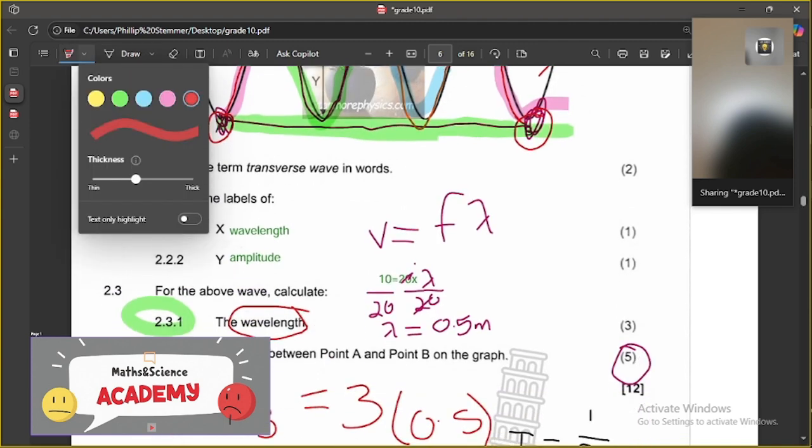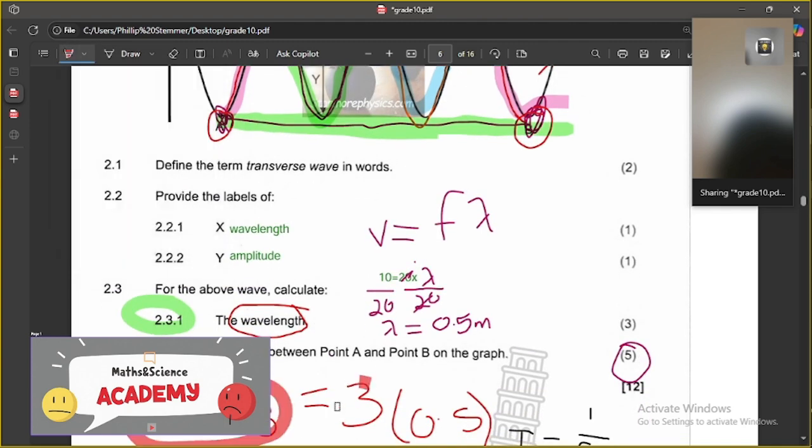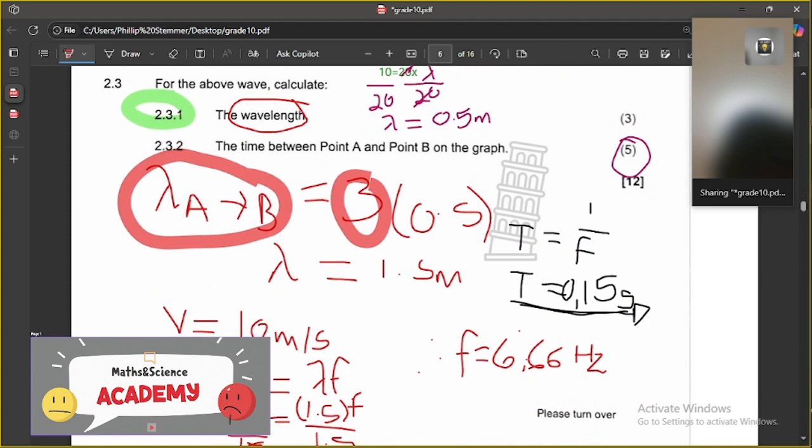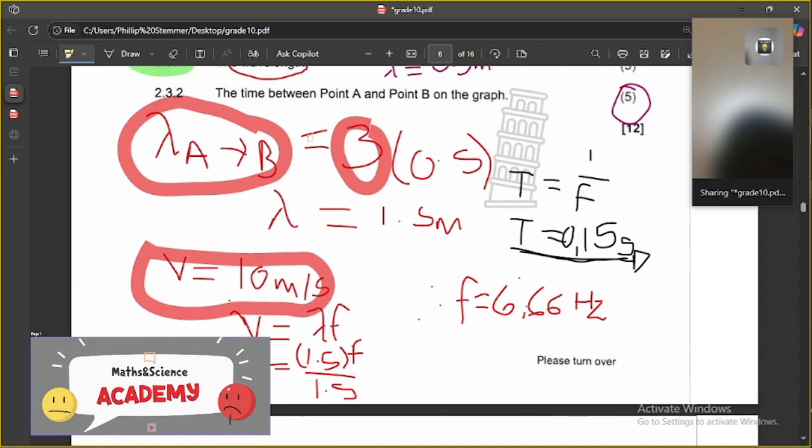The first thing you have to know is the distance: from A to B is 3 times the wavelength. And another thing is the speed. This is method number 2. We're going to use speed equals distance over time. We have distance as 1.5 and speed as 10 meters per second.